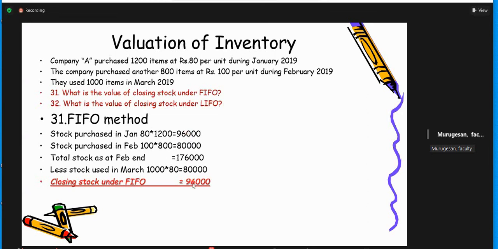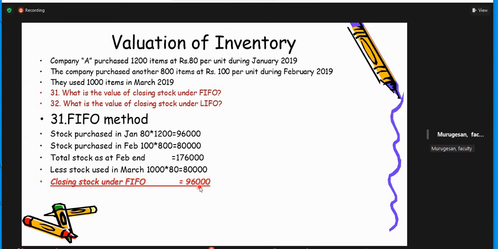So 16 plus 80, 96. We are subtracting only the used units, so the accounting is already done for the remaining units. This is for 1,200 units. Now 1,000 units are used, so the 200 units are here, 16,000 is here. That is why you got 96,000. So under FIFO, you have to first adjust the oldest stock first. The closing stock will be 96,000 value.